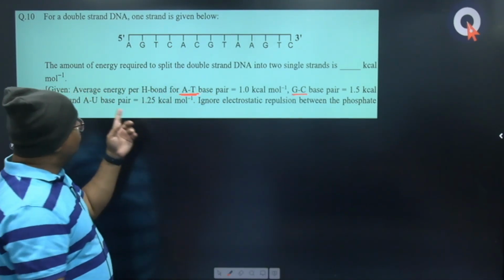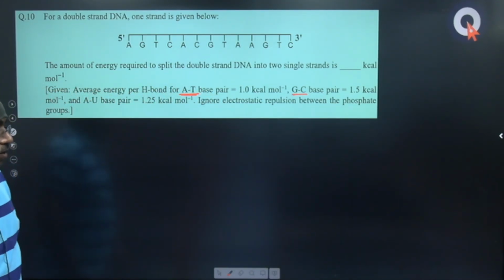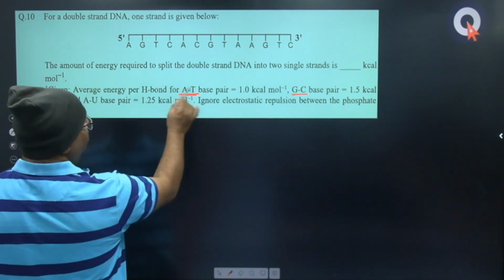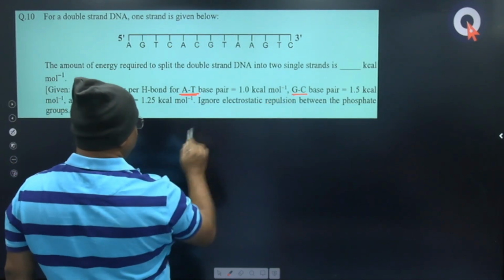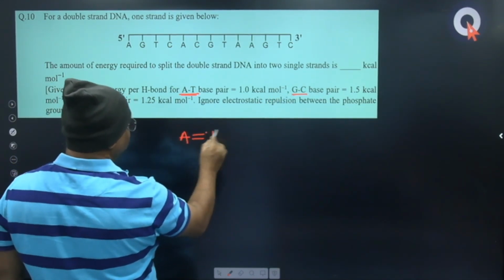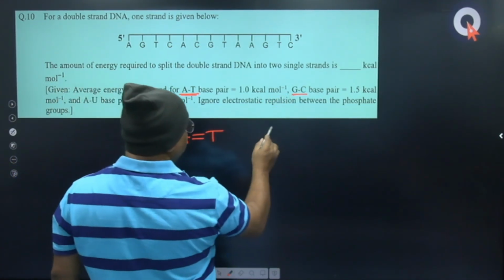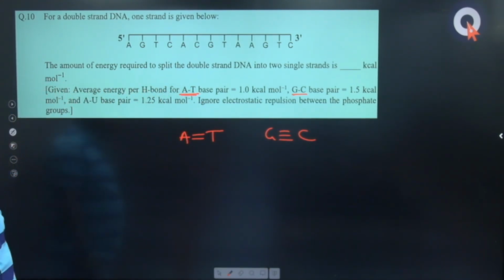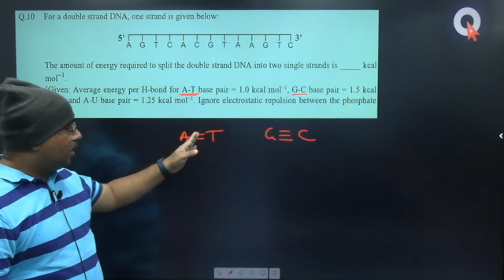In RNA you will see AU, uracil exists instead of thymine. But between A and T a double bond exists. Between G and C a triple bond exists. So means we are completely breaking these double bonds and triple bonds.